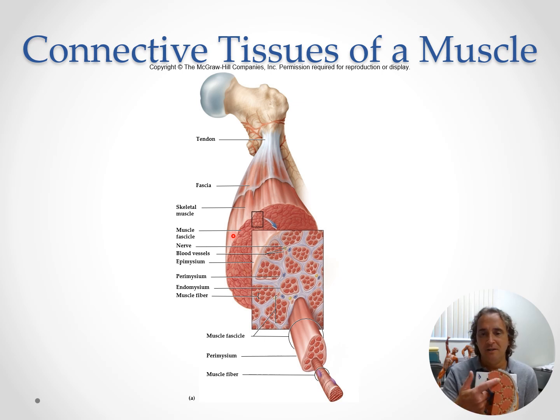You have an endomysium surrounding the muscle fiber, and then surrounding all of these you would have a perimysium. You have a bunch of bundles of these that would then be surrounded by the epimysium. And then it's all wrapped up in one membrane called a fascia, and then the muscle gets attached to the bone via a tendon. And this becomes very important in the basis of everything we're going to talk about next.